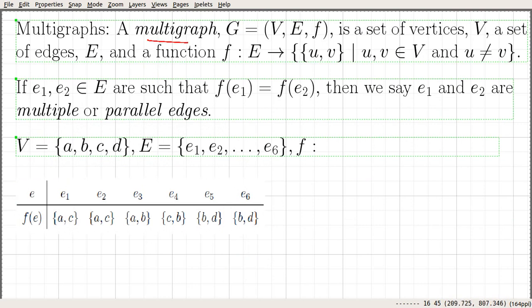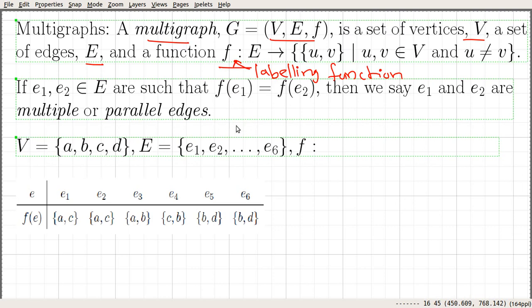A multigraph is a triple V, E, f, where V is a set of vertices and E is a set of edges, same as that for a simple graph. But here the difference is that we have this function f. Normally this function is called a labeling function. Labeling means it is going to assign some kind of labels to each edge.